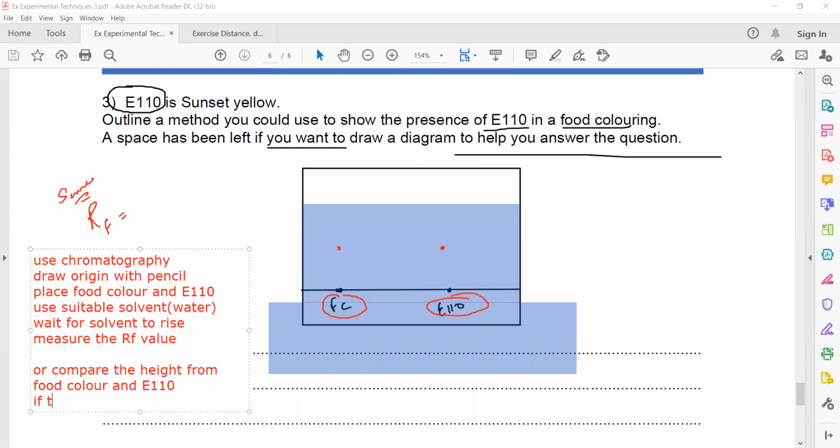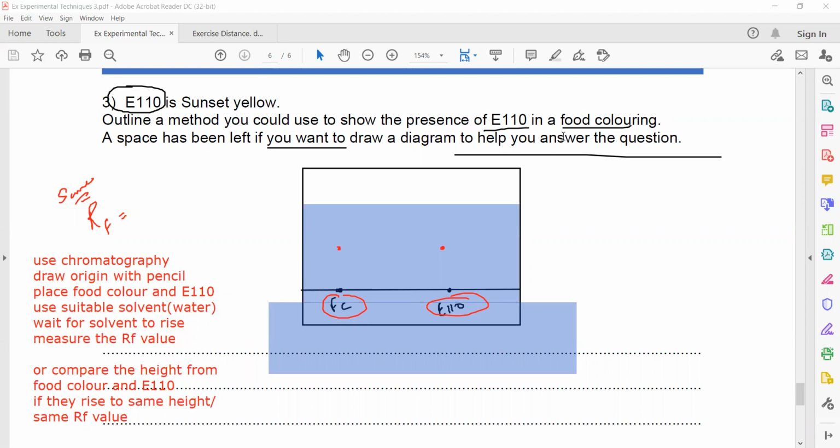If they rise to the same height, or they have the same RF value, it means that the food color contains E110.